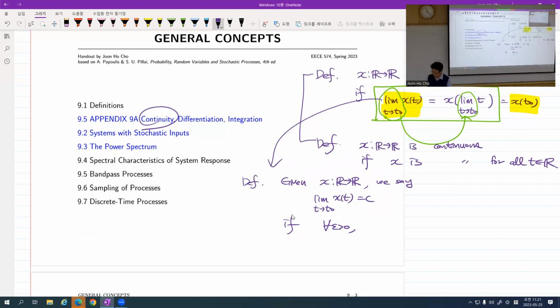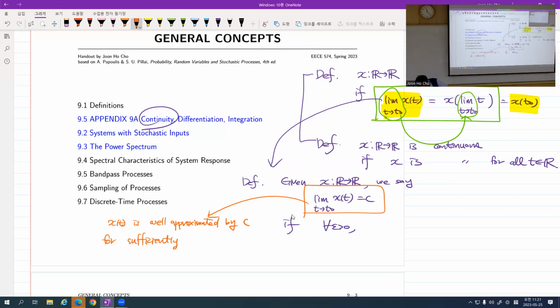Got it? So let me repeat. This is so important. This must be interpreted as x of t is well approximated by c for sufficiently close t to t0.